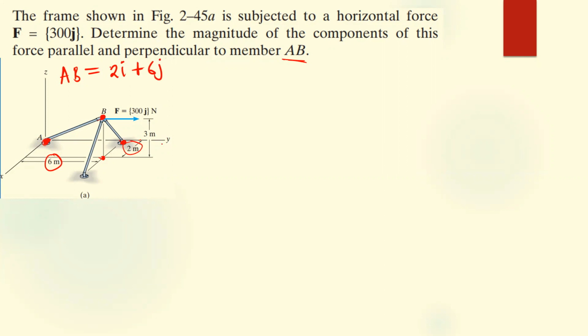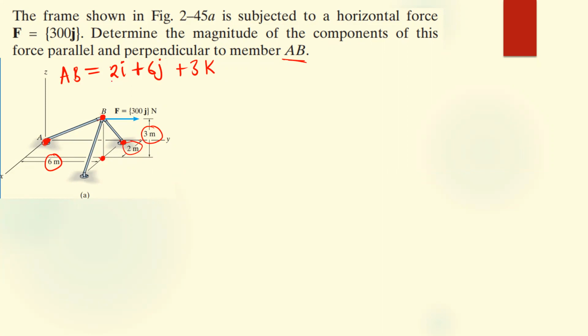Then we have the z, from there to that point, the distance is simply 3, so it's positive 3k. This is what we have as our vector.